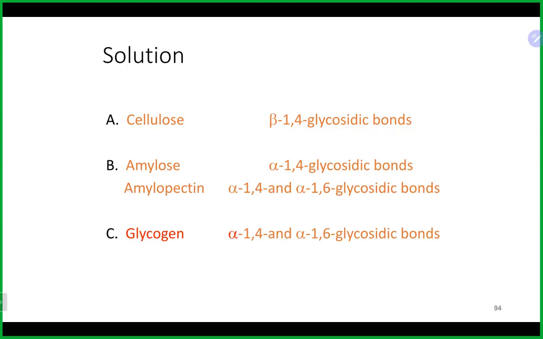Don't eat it. Can't digest it. Amylose and amylopectin there in our baked potatoes. We've got some alpha 1,4, straight chain for the first one there. Again, we have a slightly branched chain happening with an alpha 1,6 and an alpha 1,4 for the straight part of it. And then glycogen, as I mentioned before, has basically the same bonds. Again, just a lot more branches.